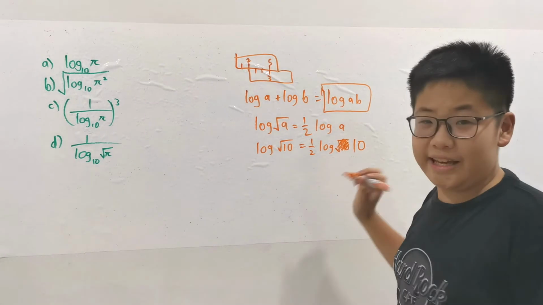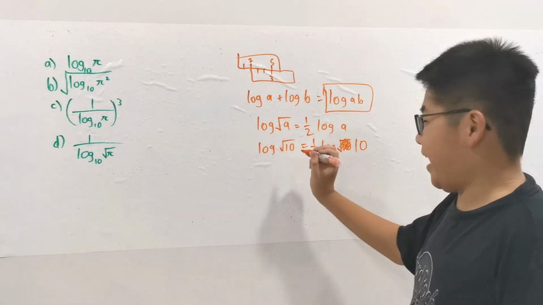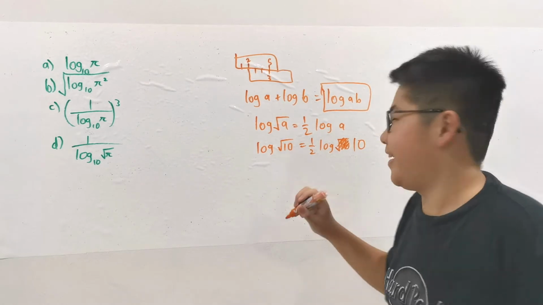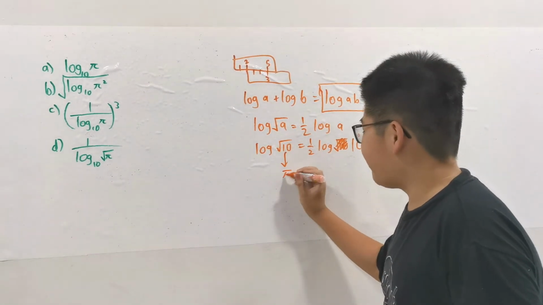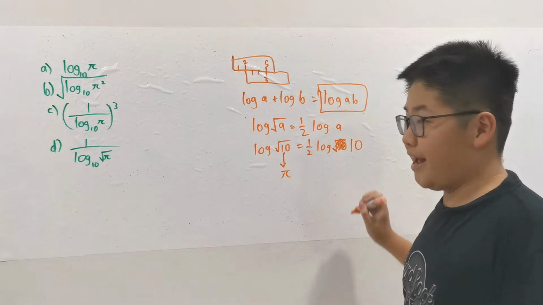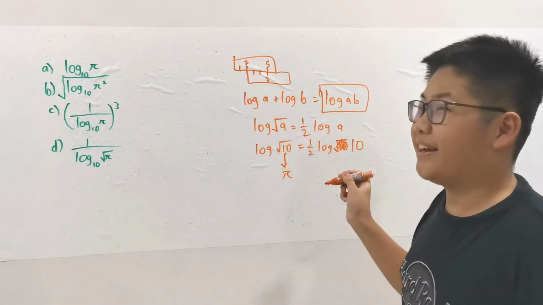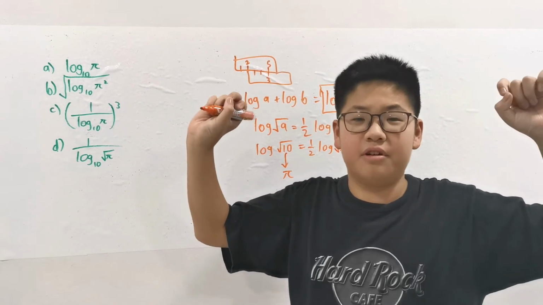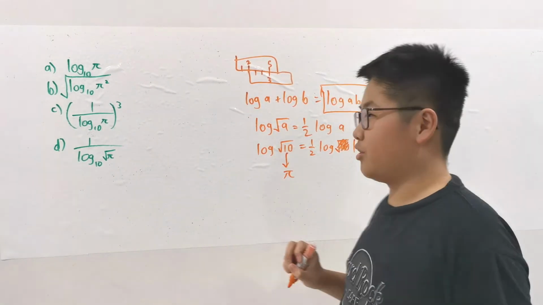Now, why do I say this? It's because the square root of 10 is very, very close to pi. So this is approximately pi, and they place pi at the halfway point between 1 and 10 on the logarithmic slide rule, simply because pi is a more useful constant.